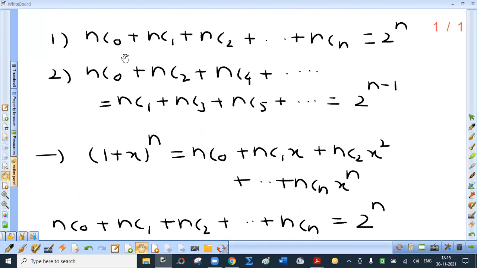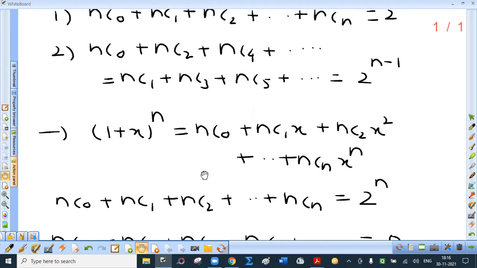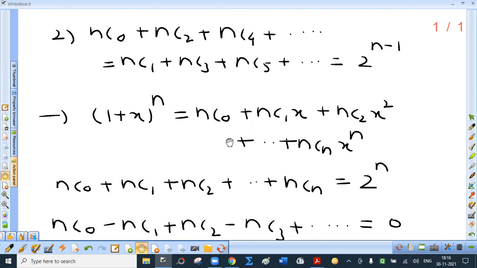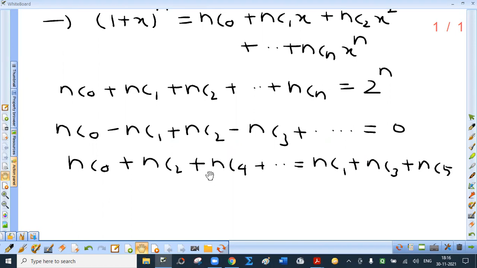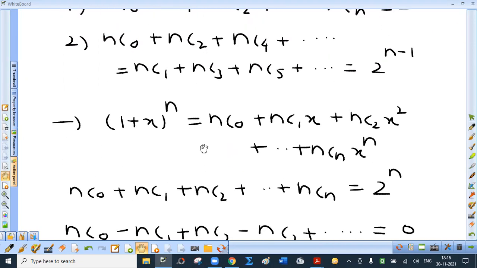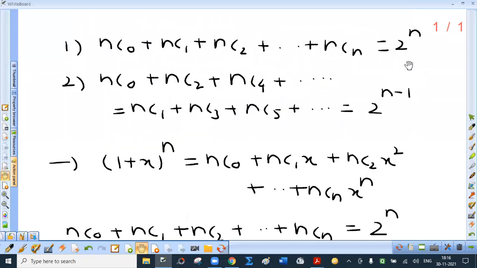If I say that each sum is k, can I say here that k plus k is 2 raised to n? I can. Why? Because the left hand side consists of the sum of all even coefficients, which is k, plus the sum of all odd coefficients, which is also k.